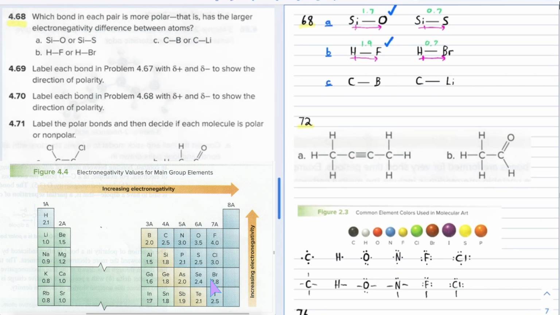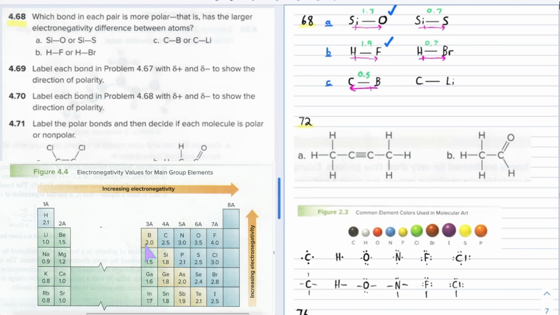And finally, carbon, boron, and carbon, lithium. Carbon is 2.5, boron is 2. So this one is 0.5. Carbon is more electronegative, so the electrons would be pointing towards it.